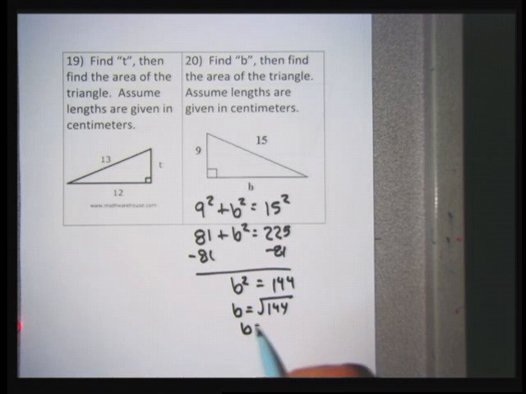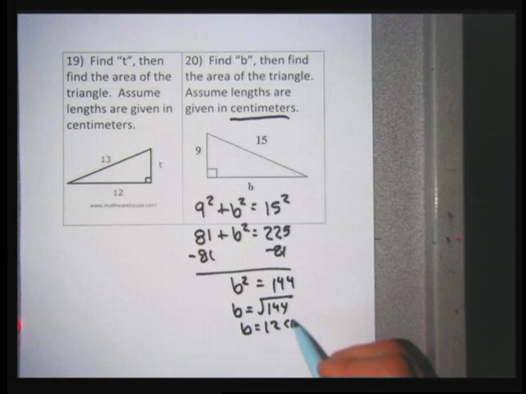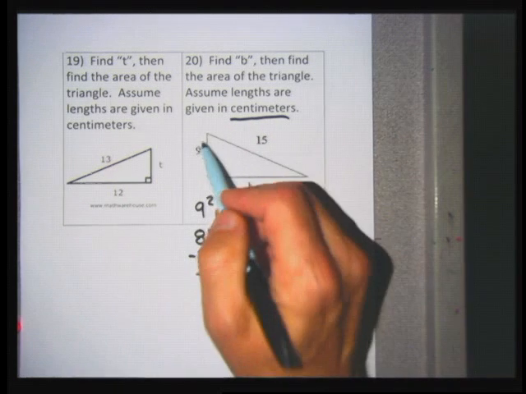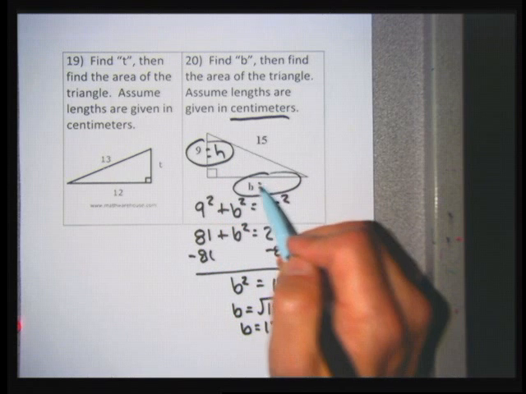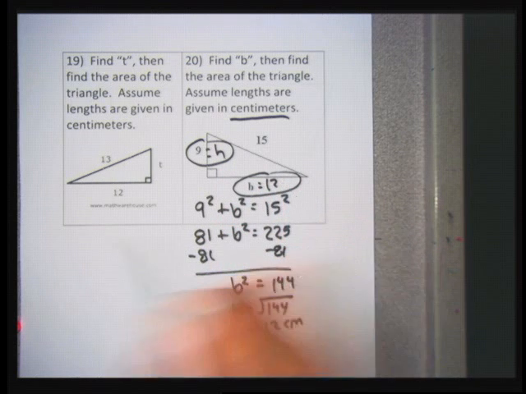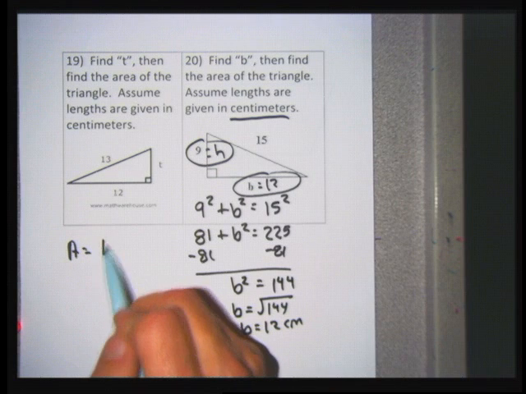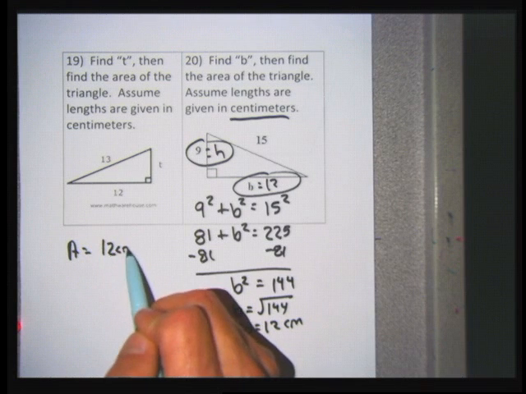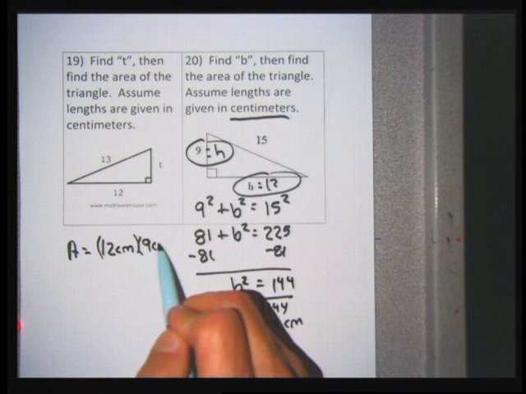So B is 12. It's technically 12 centimeters because I want the units to be centimeters. So now this is going to be my height. This B is going to be my base, which is 12 centimeters. And so my area is base times height. Base, if I want to put the units in that I'm applying to this problem, are 12 centimeters. Height is 9 centimeters.